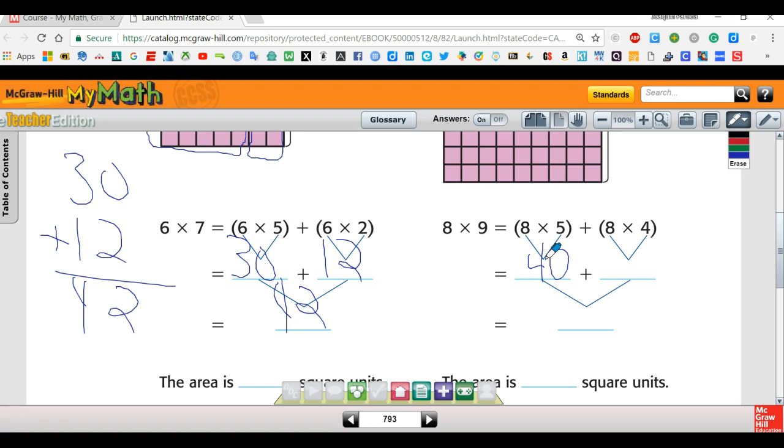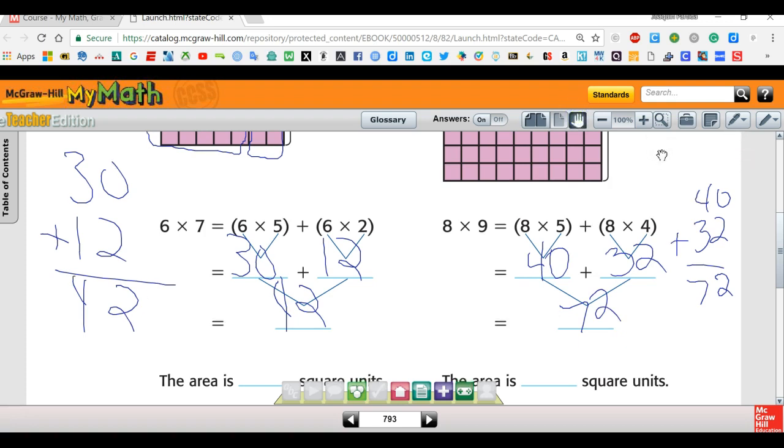Anybody else have anything different? 32. Okay, so then I add those. So 40 plus 32. 0 plus 2 is 2. And then 4 plus 3 is 7. So the answer is 72. And if you go back, 8 times 9 will equal 72. So this one has 72 square units.